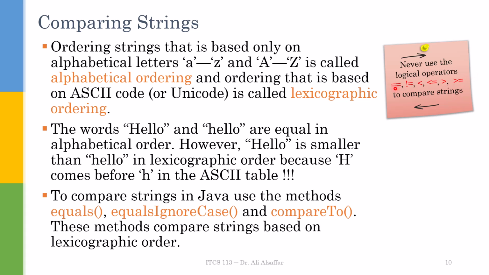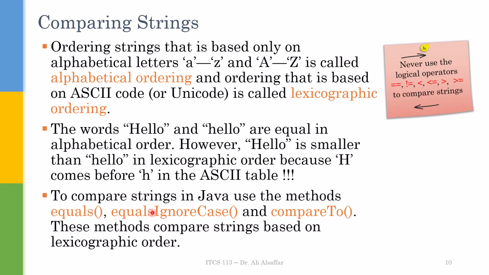If you want to check for equality of two strings, you use the method equals or equals ignore case. If you want to compare which string comes before which other string, you use compare to. So for equal and not equal, we have two methods, and for the remaining logical operators, we have compare to. We will show you by a demonstration how to use these methods.